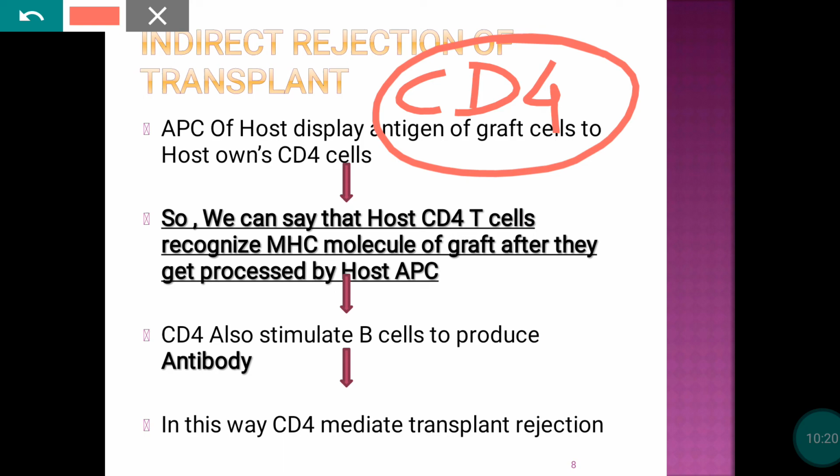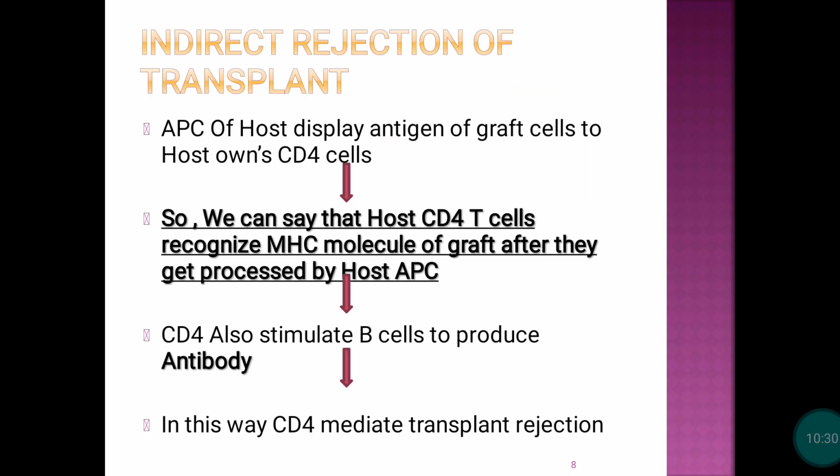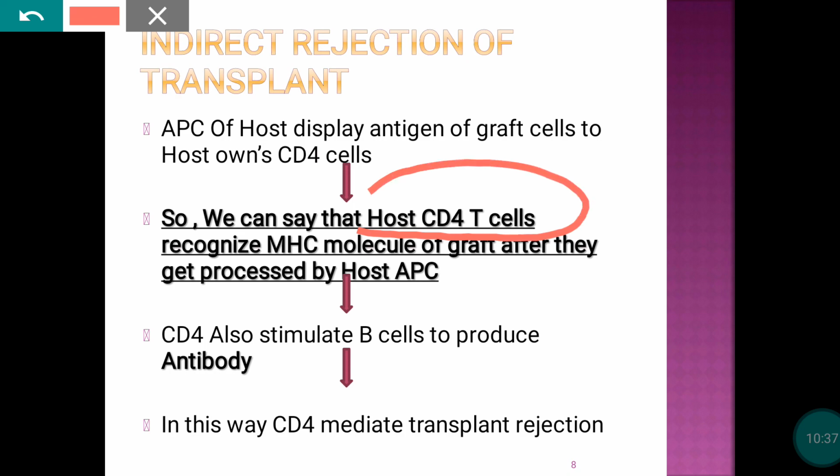proliferation. So how will they proliferate? You know that they will recognize the graft antigen through the help of antigen presenting cell. And now you have to remember that in the indirect pathway of rejection, our host CD4 lymphocyte will recognize the MHC molecule that is presented by our antigen presenting cell.